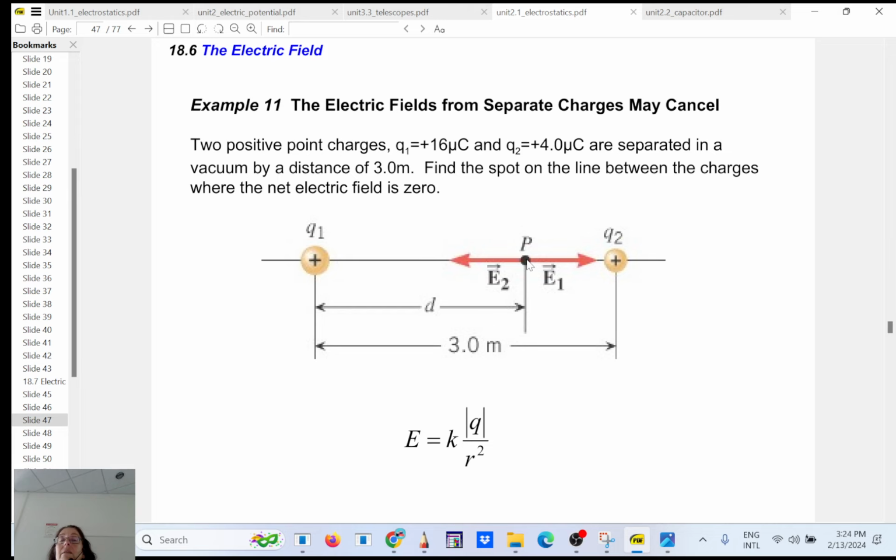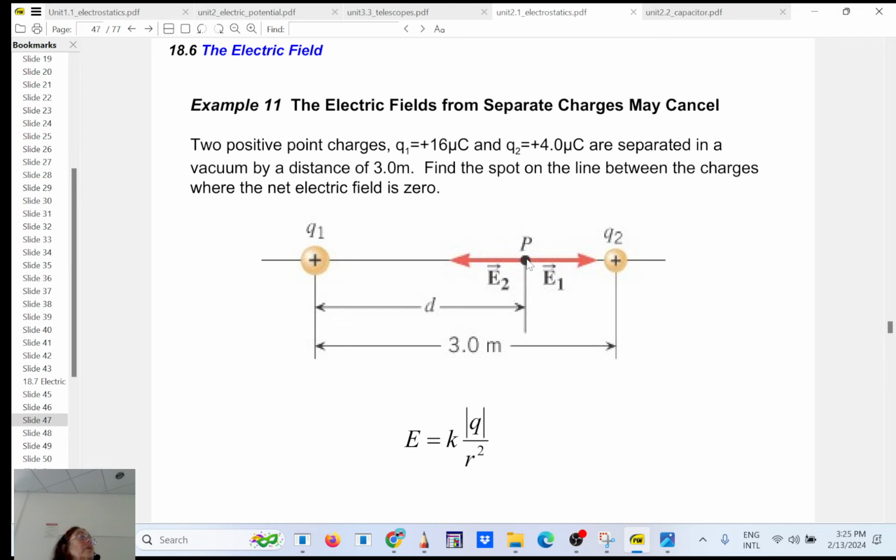You want to find that location where the force from this one will be equal to the force from that one, and they cancel each other out. Do you understand what to do? So the net electric field here will be the electric field produced by Q1 plus the electric field produced by Q2, and you add them up.